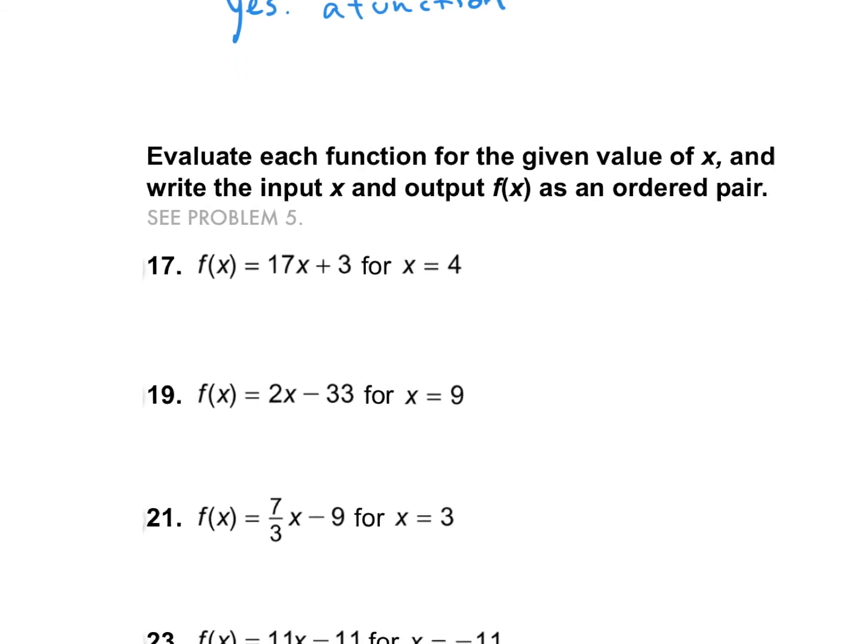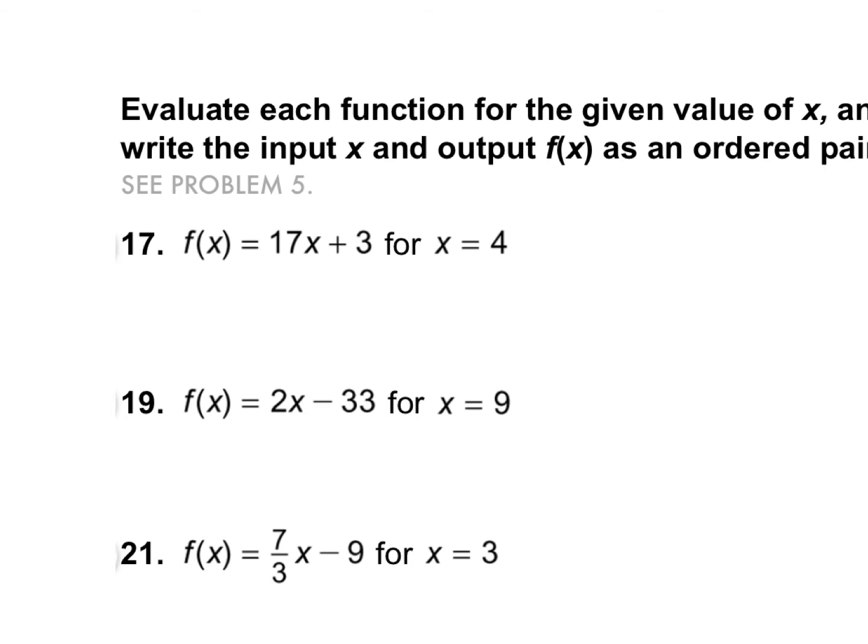So we can move down to 17 now. Evaluate each function for the given value of x and write the input x and output as an ordered pair. So we just take what x is equal to and plug it in. So we're finding f of 4. So I'm plugging in 4 for my x.